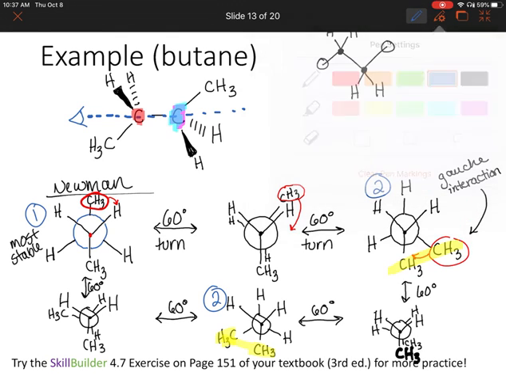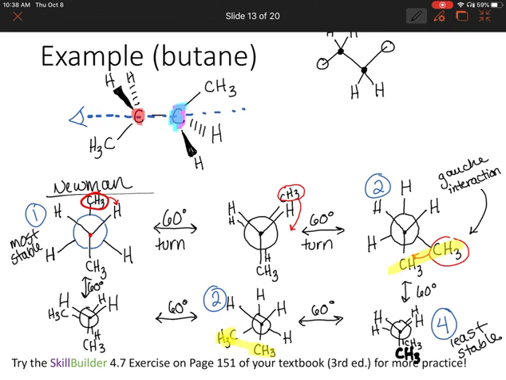So I'm going to label this structure number 4. So that's going to be our least stable conformation because those methyl groups are lined up perfectly, and that's going to cause a lot of instability. Those electron groups would prefer to be further apart.